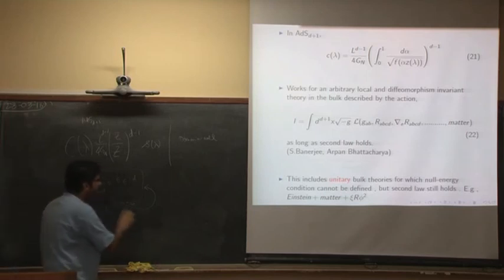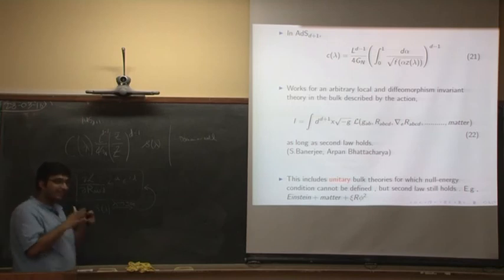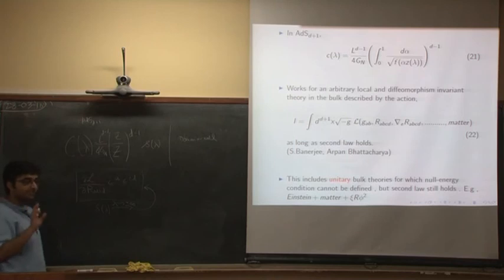Okay, so I am not saying that such a function will necessarily exist, but what I prove is that if such a function exists, then you can prove the C-theorem in this way.